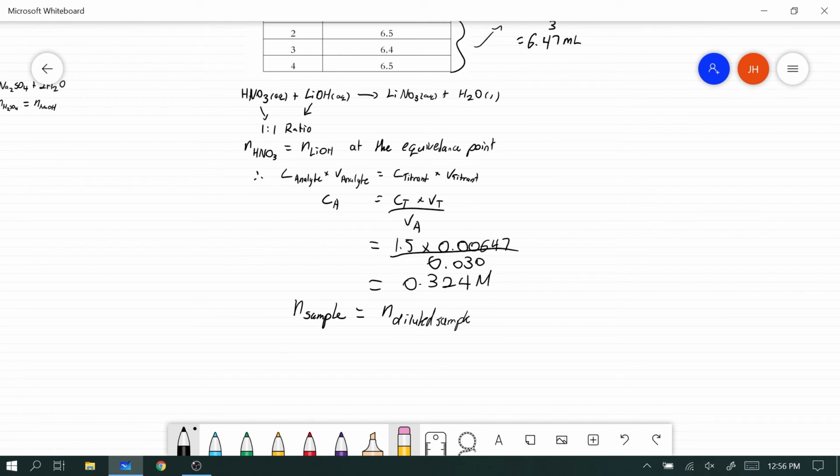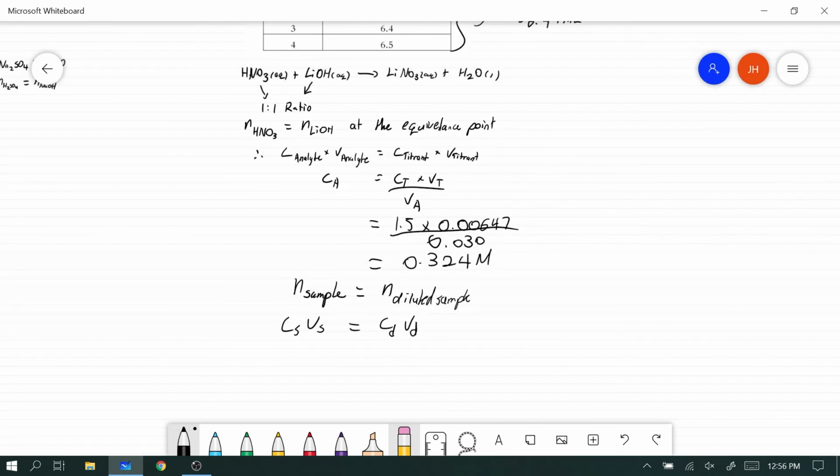Therefore, we can do a C1V1 equals C2V2. So just sample versus diluted is what I've got here. What we want to know is the concentration of the sample.